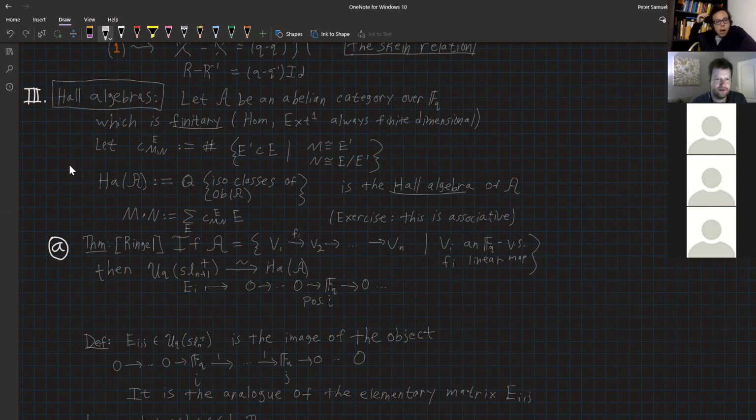We'll define these numbers, the C^E_{M,N}. These are going to be structure constants for the Hall algebra.